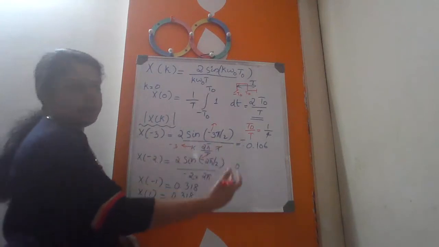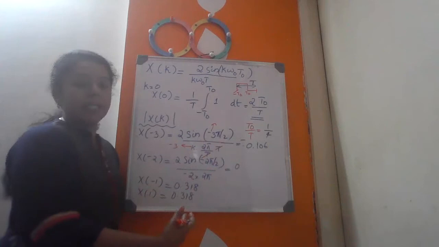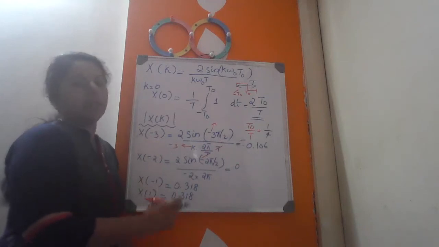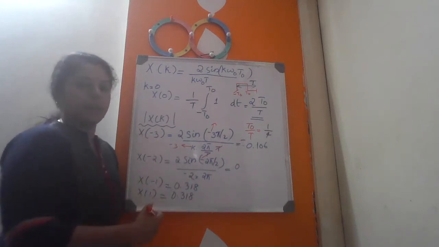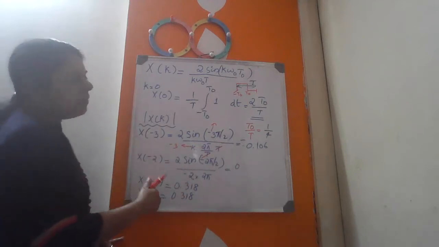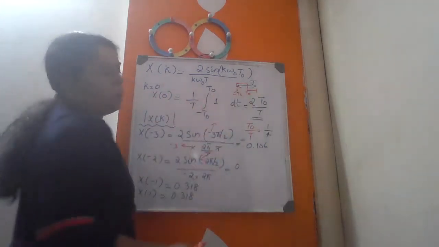It is just repeating. So you can tell that you calculated the magnitude part of my Fourier series from minus 3 to plus 3. Now you can plot your graph. But before plotting, we said, what is the value of x of 0? X of 0 is 2 t naught by t.